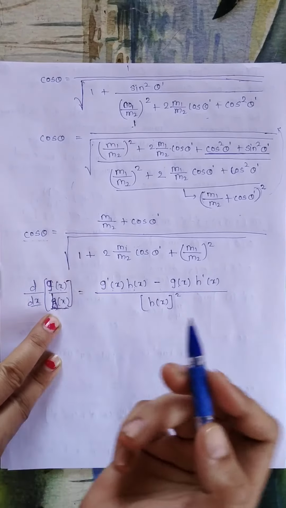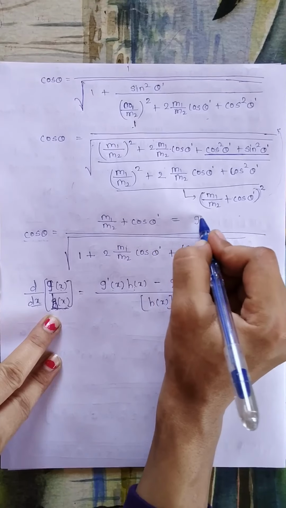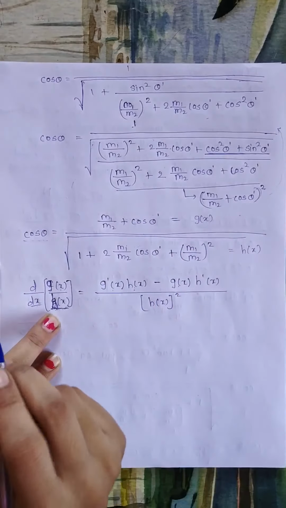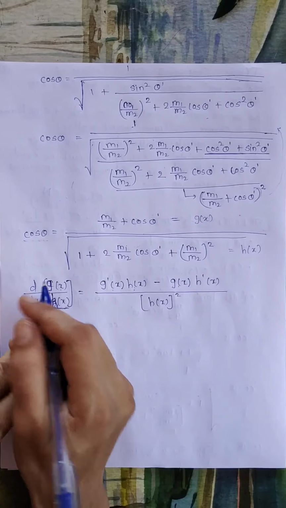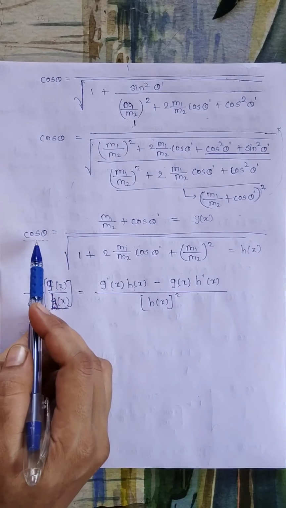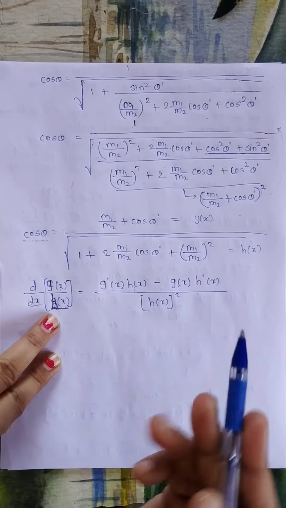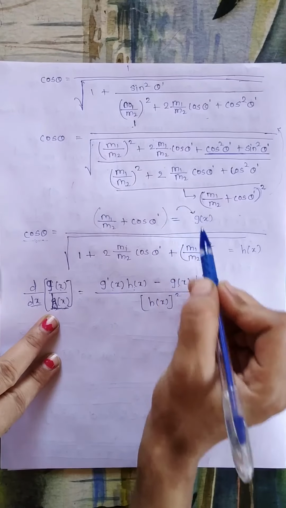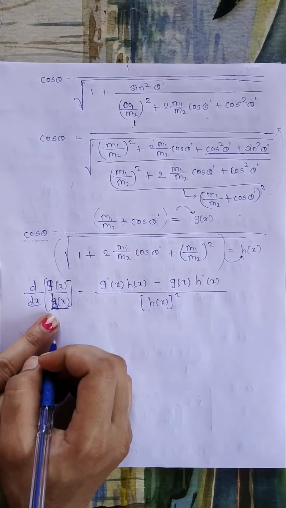So now this quantity we are going to take as g of x, and this quantity which is under the root, we are going to take as h of x. So according to this formula, if we calculate the derivative of cos theta, this function I will treat as g of x, and the quantity under the root I will take as h of x.